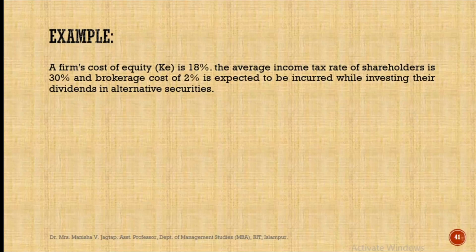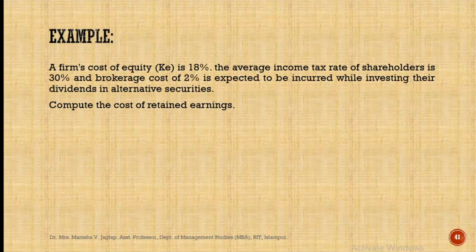The average income tax rate of shareholders is 30%, and a brokerage cost of 2% is expected to be incurred while investing their dividend in alternative securities. Compute the cost of retained earnings.